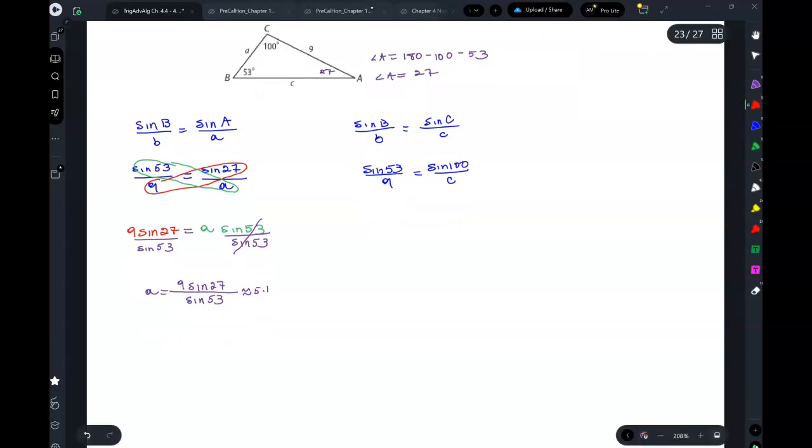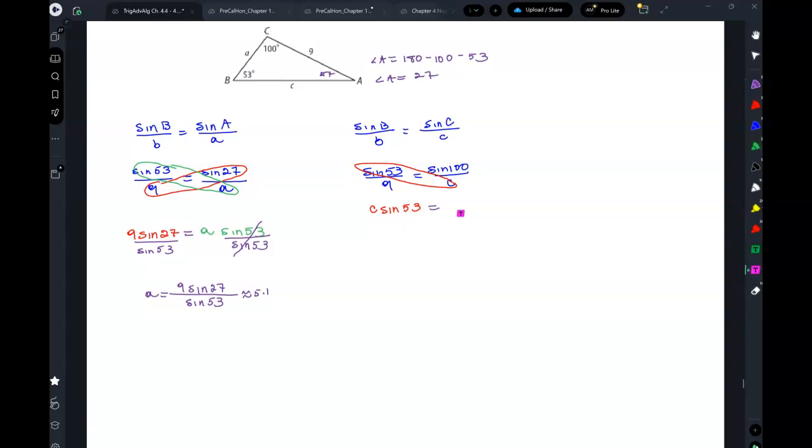Cross multiply again: c sine 53 is equal to 9 sine 100.